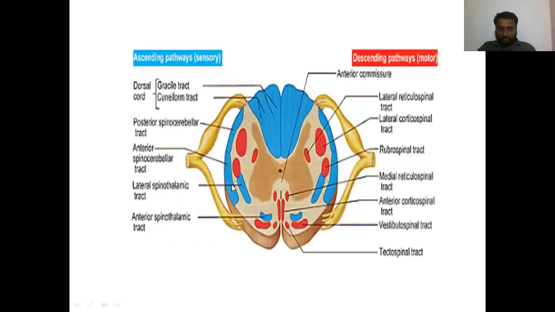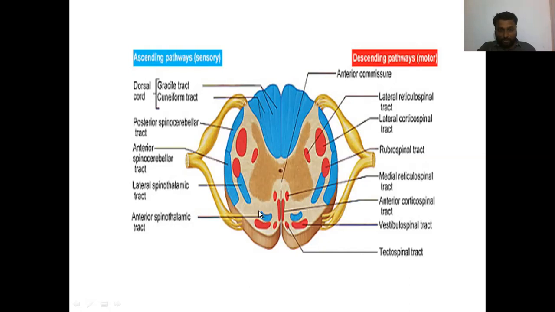See here, you can see the anterior spinothalamic tract and this one, the lateral spinothalamic tract. Now the cerebellar tracts: the anterior or ventral spinocerebellar tract, and this is the posterior or dorsal spinocerebellar tract.